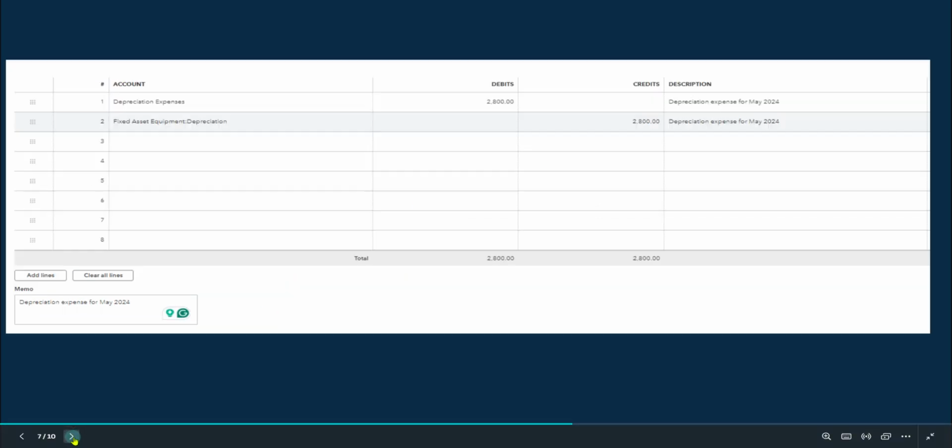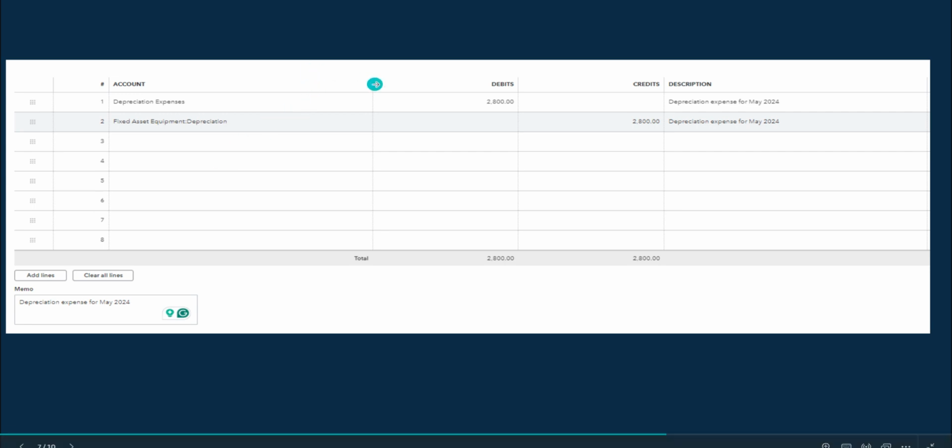Okay, and the next one is the depreciation expense, and it's $2,800 each month. It is a fixed amount, basically $100,000 divided by X months. In this case, let's say 36 months. Yours could be different. This is the fixed amount, and you can set up a recurring transaction type, so you don't have to do this entry every month.